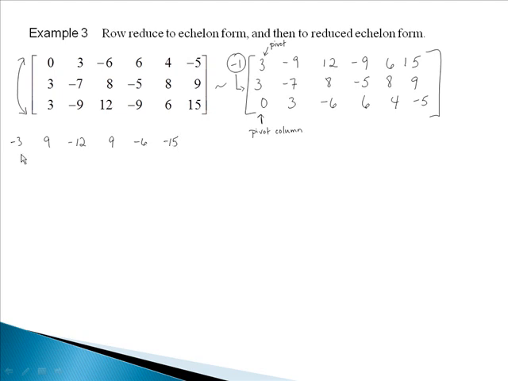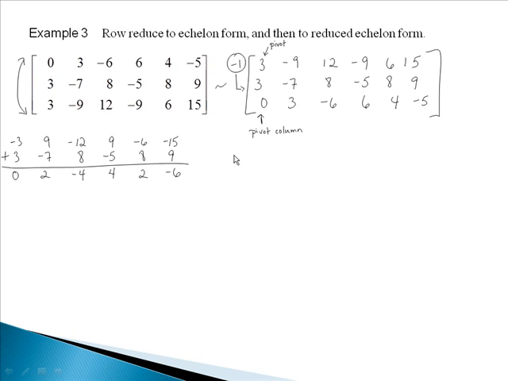And I'm going to add that to the second row, which was 3, negative 7, 8, negative 5, 8, 9. So I'm going to add those 2 together, and I'll get a 0, which is what I was wanting in that position. And then I have positive 2, negative 4, 4, 2, and negative 6.